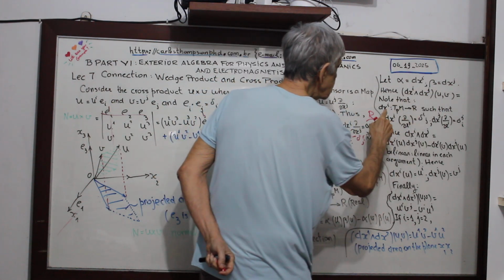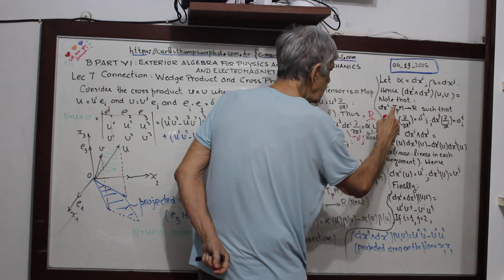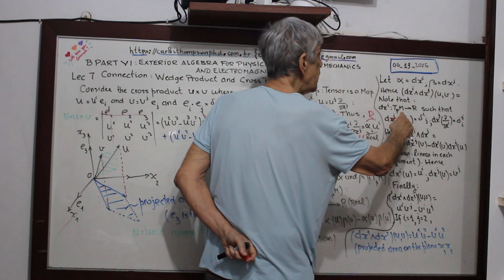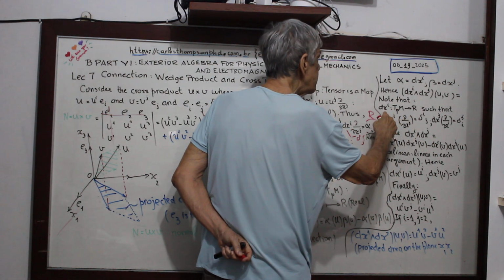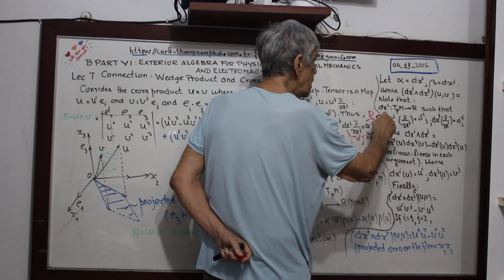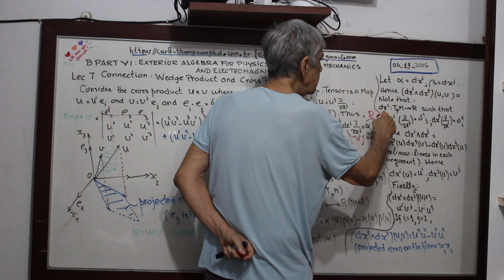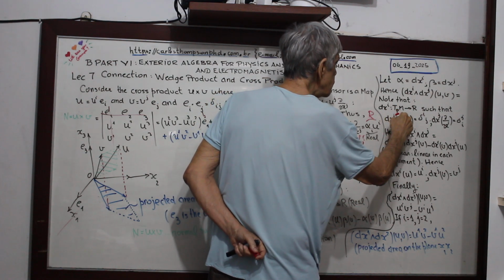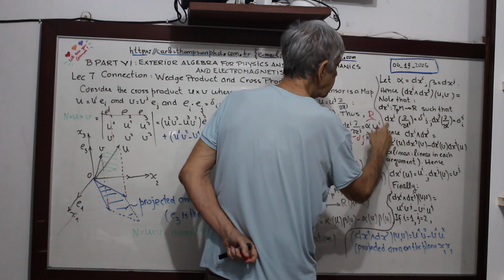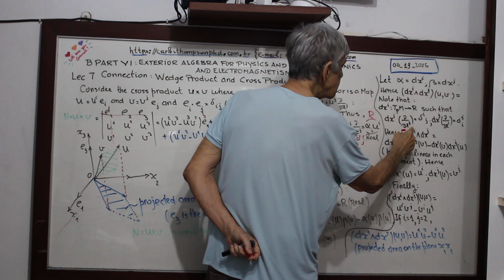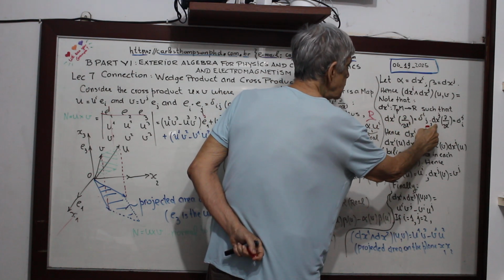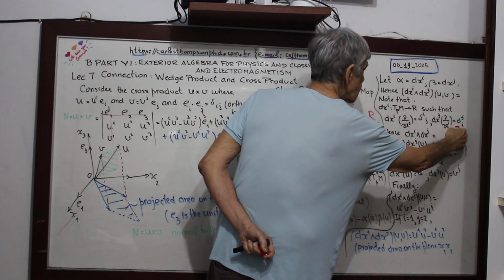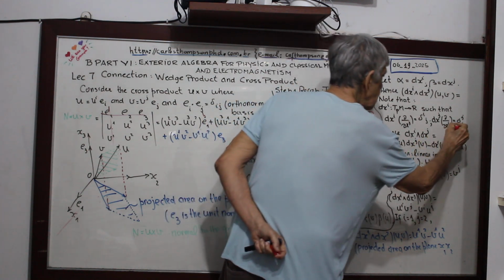Now, by definition, dx^i is applied to a vector in T_pM. dx^i belongs to T*_p, the cotangent space, and because it's cotangent applied to tangent, this gives a real number. So dx^i acting on partial x_j is delta_ij, and dx^j acting on partial x_i is delta_ij, which is a real number.